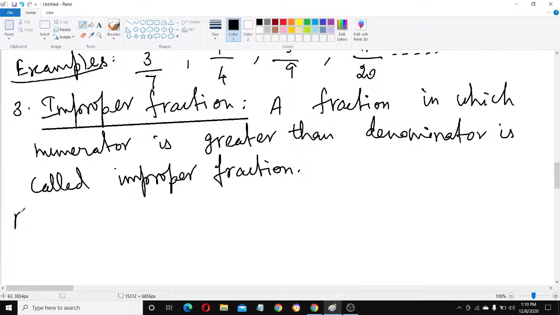Now I will write the example. The numerator should be greater than the denominator. 3 by 2. Numerator 3 is greater than denominator 2. 5 by 4. Numerator 5 is greater than denominator 4.